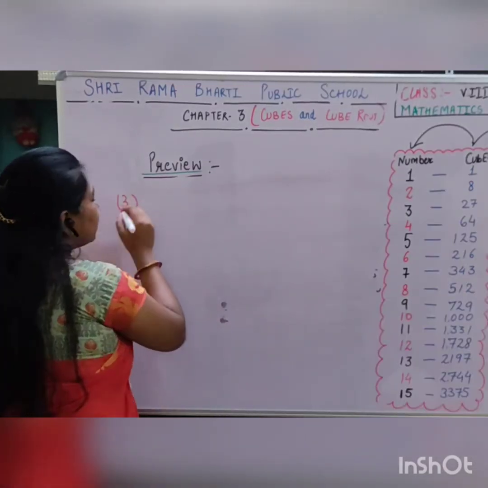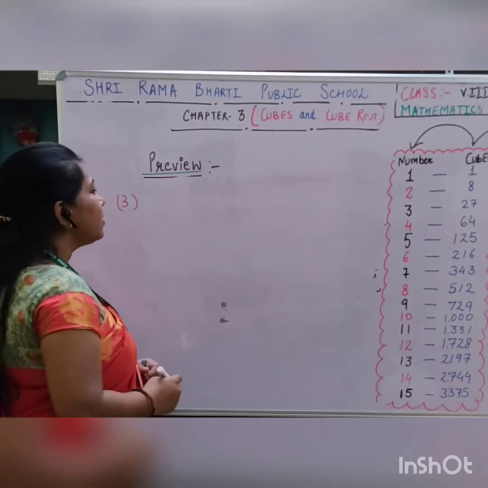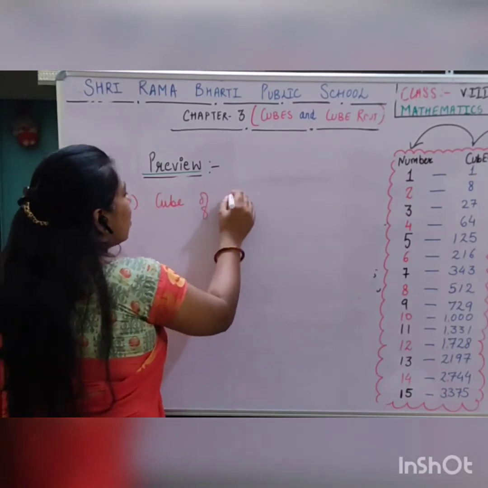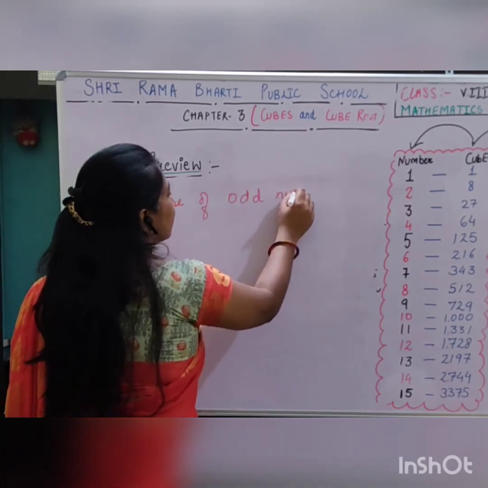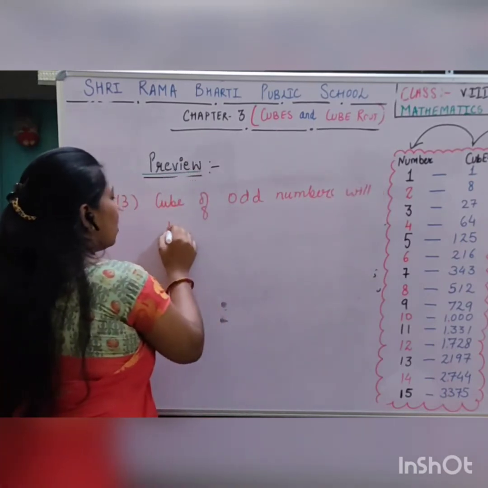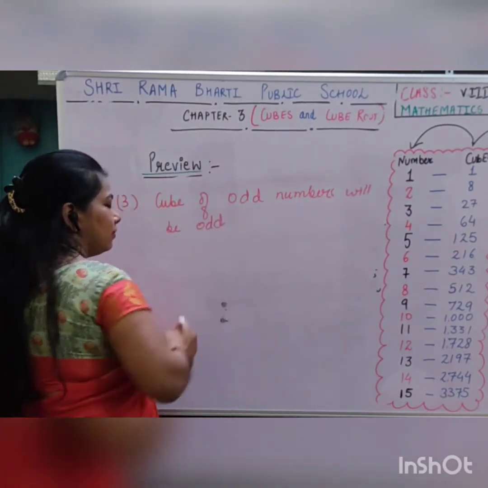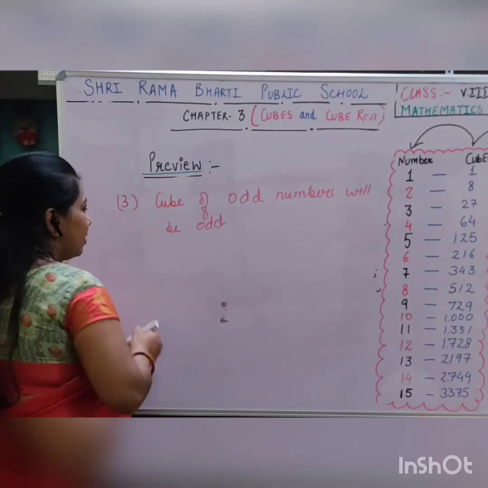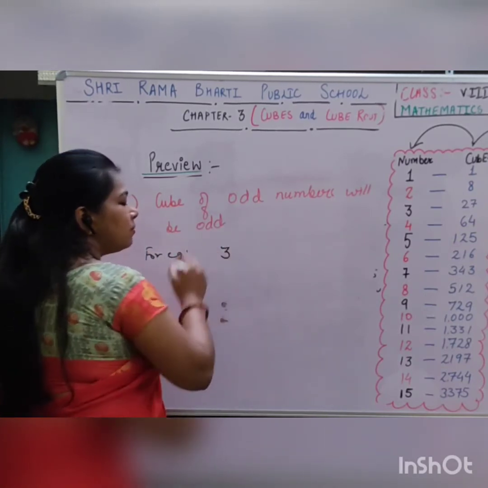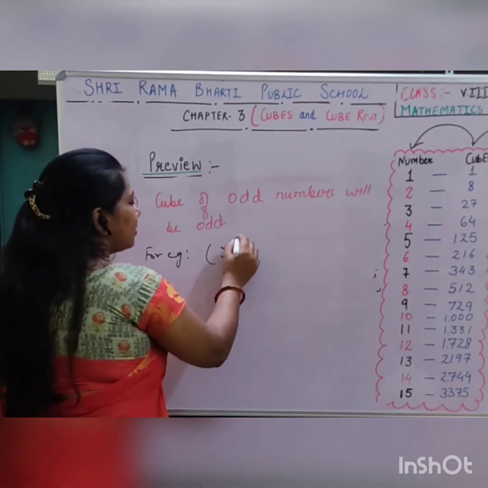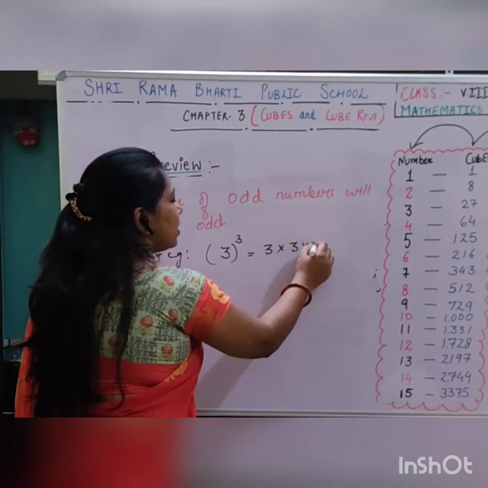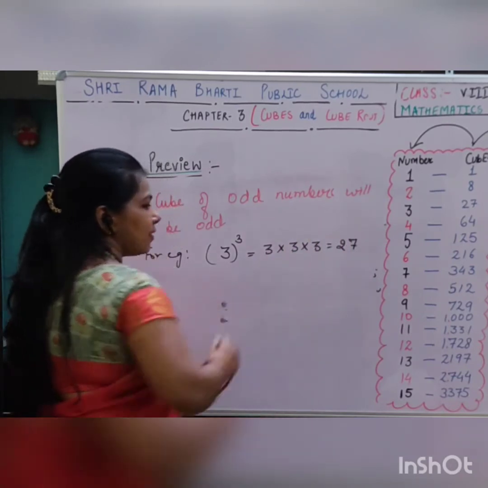Now property number 3 says that the cube of odd numbers will be odd. How? Let's see an example. 3 is an odd number. If I find the cube of 3, it will give us 3 into 3 into 3, that is 27.